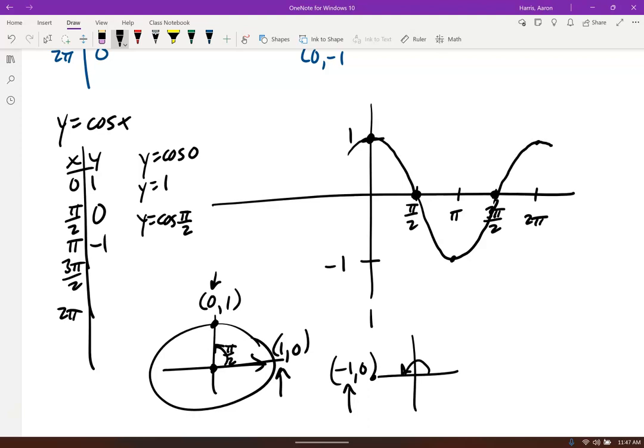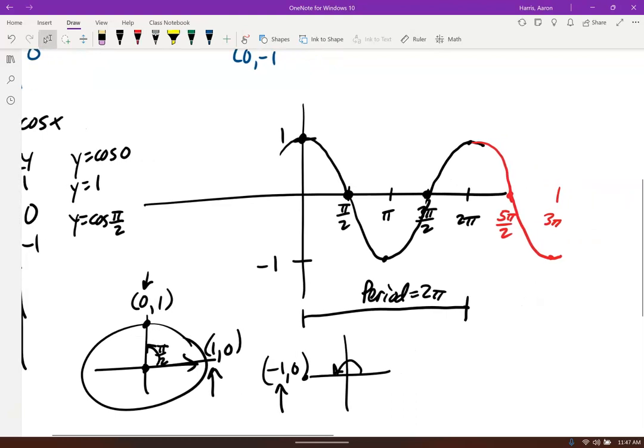So you can see it's going to repeat this. This has the same distance for the period. It's still 2 pi. Now let me put some more points on. And this will repeat. Oops, I didn't leave myself enough room.